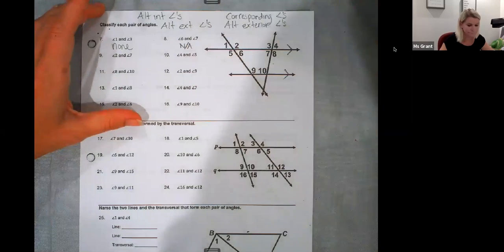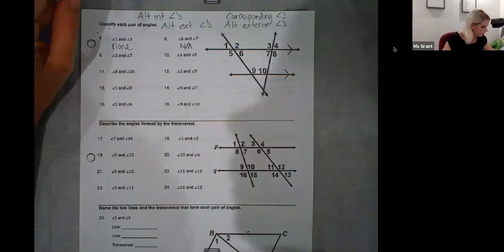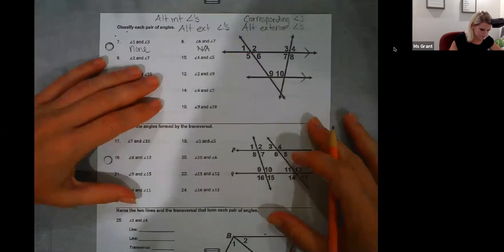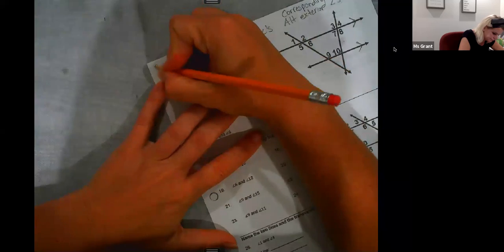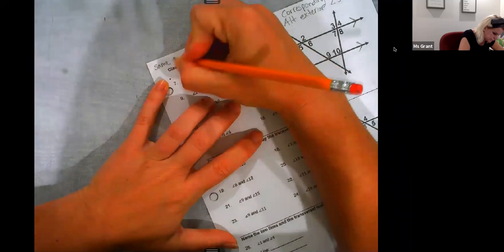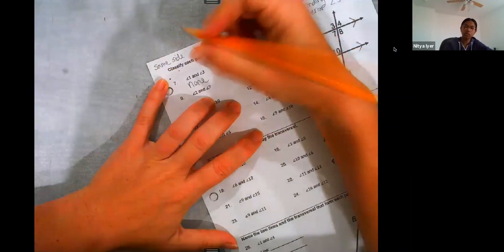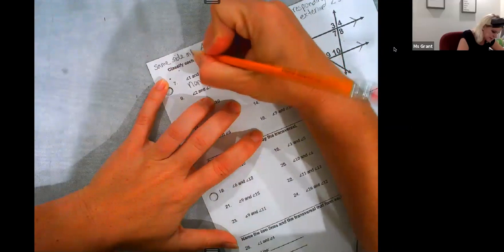Question really quick. Did you forget the same side interior angle postulate, or is that just worded as something else? No, same side interior. Same side interior angles, that's the one that adds up to 180, okay?